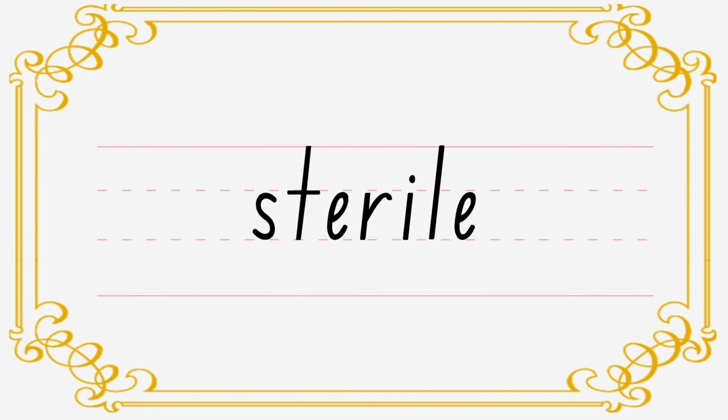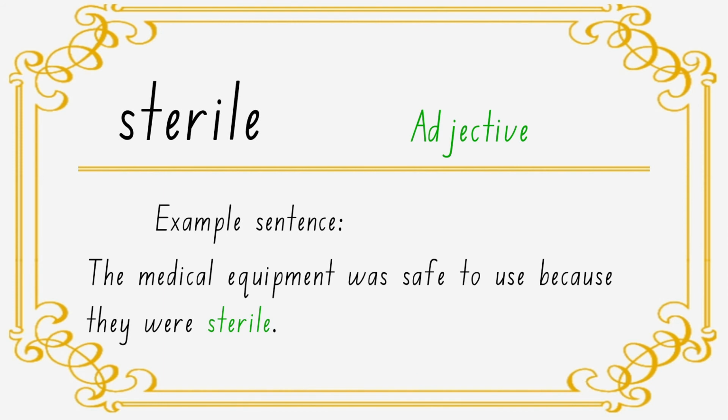Word number 16 is sterile. Sterile is an adjective, and it can be used to describe things that can't produce children, or it can describe things that are free from bacteria or other living microorganisms, so just really clean things. If you have a pet, then you might have seen this word in the verb form, sterilize.